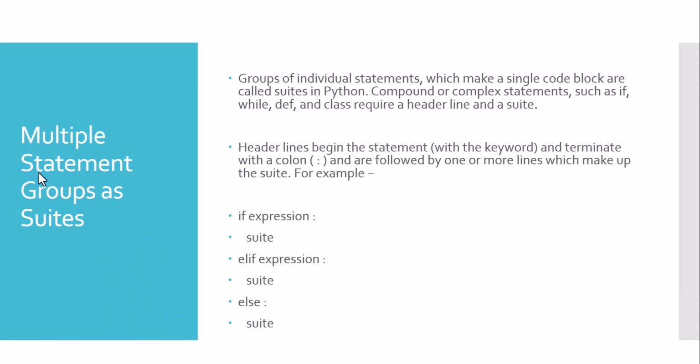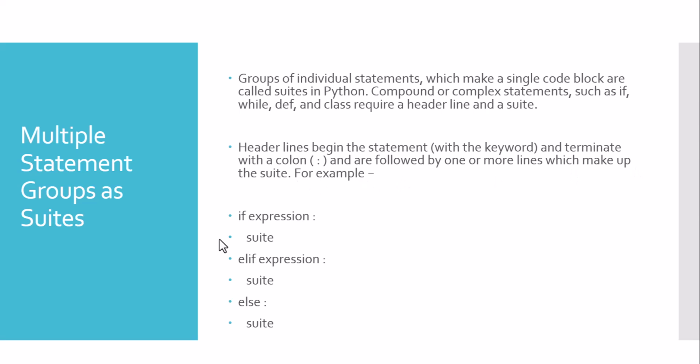The next is multiple statement groups as suites. Groups of individual statements which make a single code block are called suites in Python. Compound or complex statements such as if, while, def and class require a header line and a suite. Header lines begin the statement with the keyword and they terminate with the colon, and they are followed by one or more lines which make up the suite.